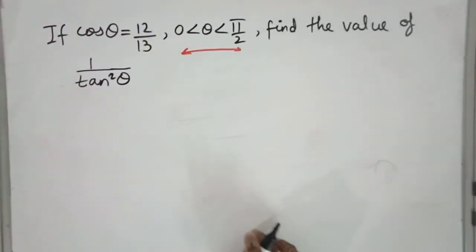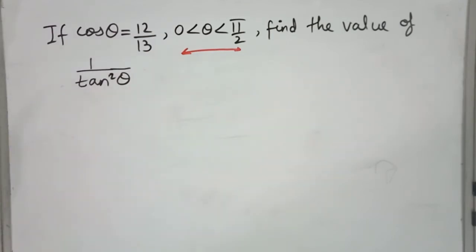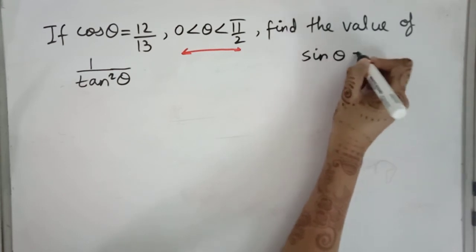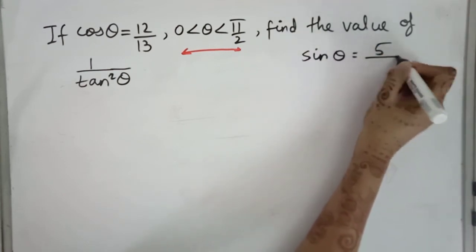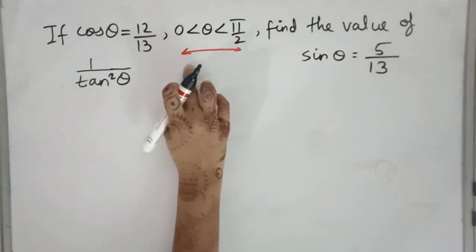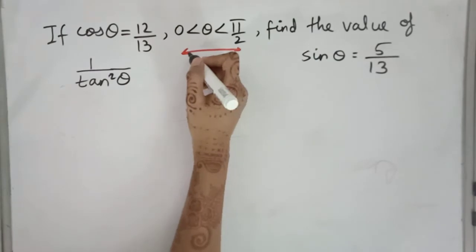Now similarly we have to find the value of 1 upon tan square theta. Now we know sin theta is equals to 5 upon 13. We have found it in the before example.